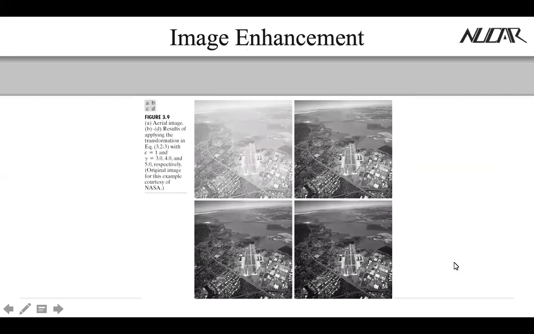Another example: here we have an aerial view from NASA. After doing the image enhancement, the first picture on the left is quite cloudy, so we're not able to see anything. But after running different image processing algorithms over it, you can see that the image becomes clearer.